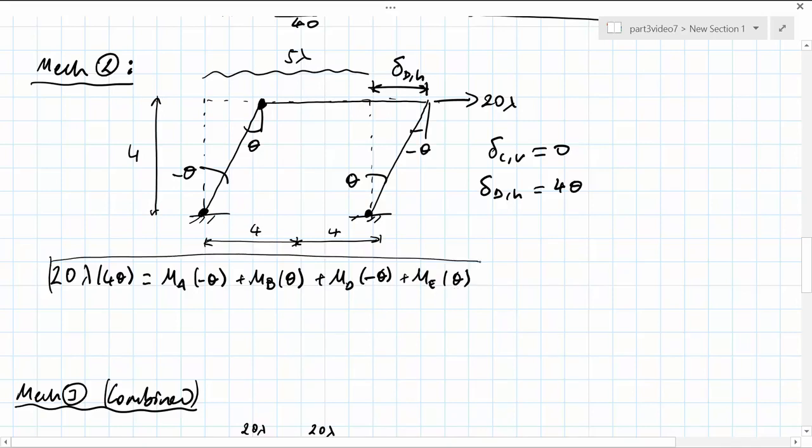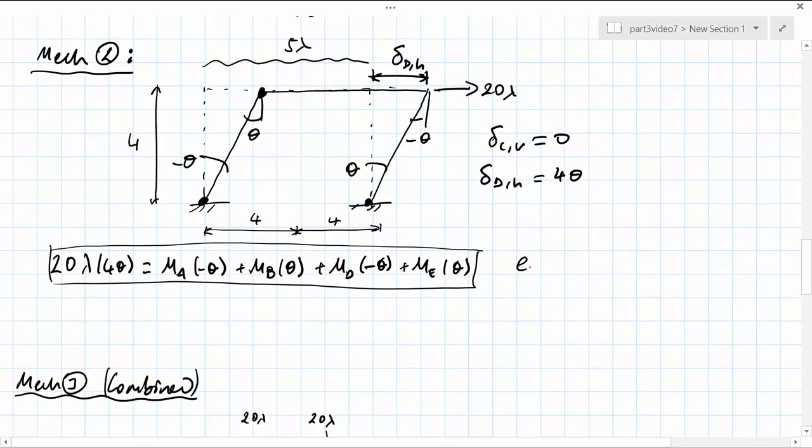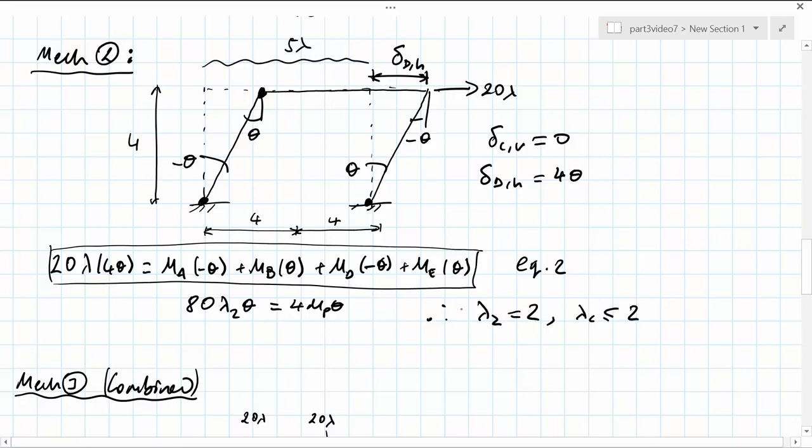For our static checks, we'll call this equation 2. At collapse, 80 times lambda 2 times theta is equal to 4 M_p theta. So lambda 2 is also equal to 2, and lambda collapse is still less than or equal to 2.